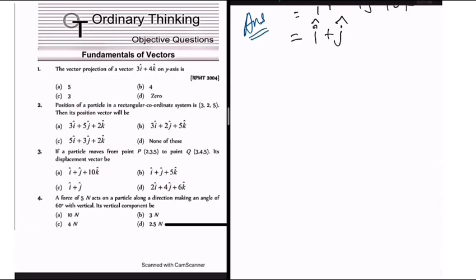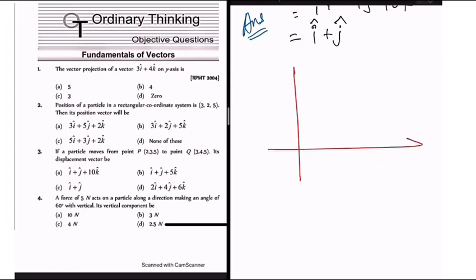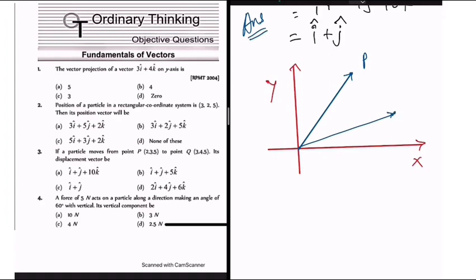Okay, you must understand this also. You can write like this: x-axis, y-axis. This is the position vector for P. This is the position vector for Q, and this is the z-axis.